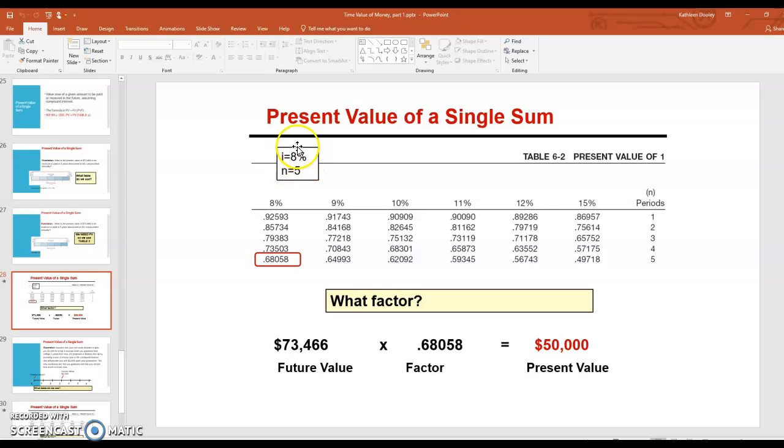Our I is 8%, our N is 5 periods, so we're looking at 8%, 5 periods, go across, that's 0.68058. We take our future value times that table 2 factor, and we get 50,000 is our answer for this problem. If we put in 50,000 today, at the end of 5 years, we'll have the 73,466.